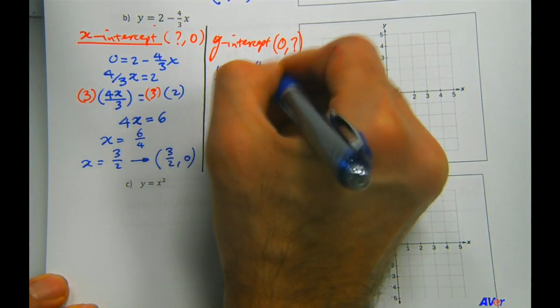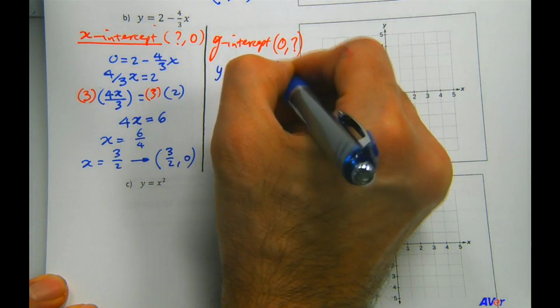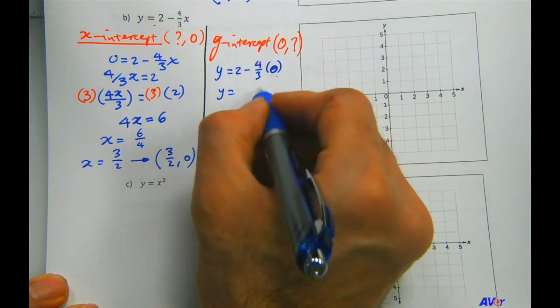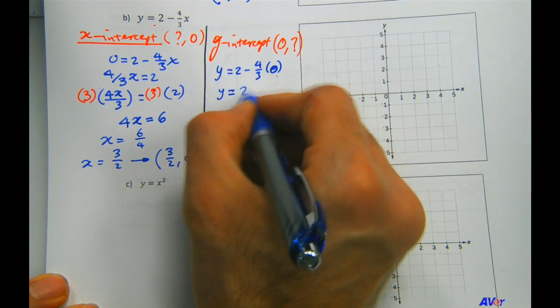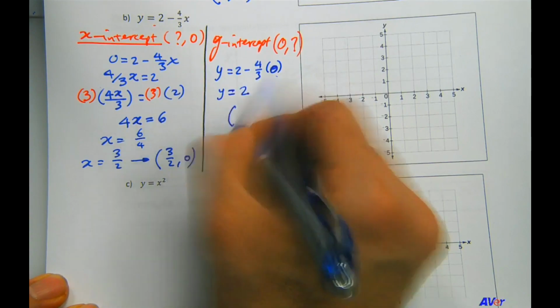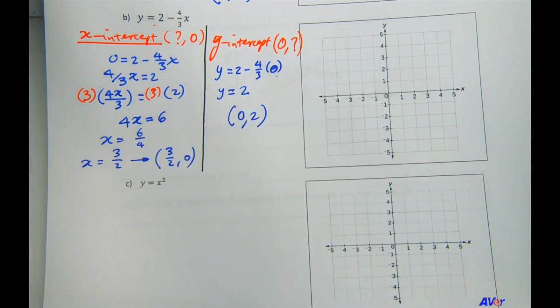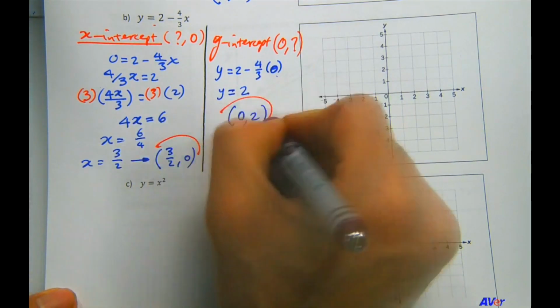Minus 4/3 times 0, right? For x with 0. So that term reduces to 0. We have y equals 2. So the y-intercept is 0 comma 2. Right? We have the x-intercept and the y-intercept.